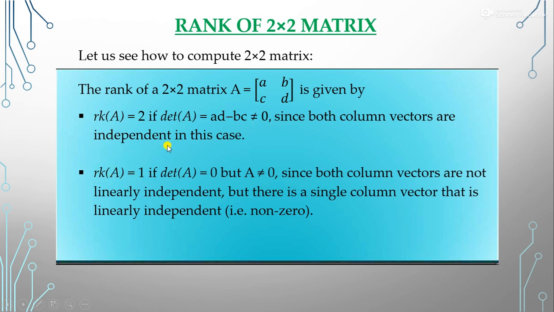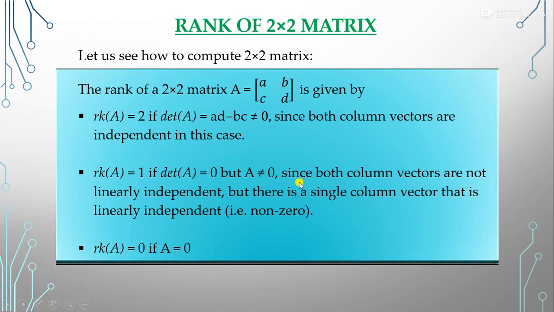Why? Because in the first case we have two independent column vectors, and if the determinant is 0 you have only one independent vector, so the rank is 1. The rank can't be 0 for any non-zero matrix. Rank will be 0 only if the matrix A is 0. Otherwise the minimum rank of any non-zero matrix is 1.